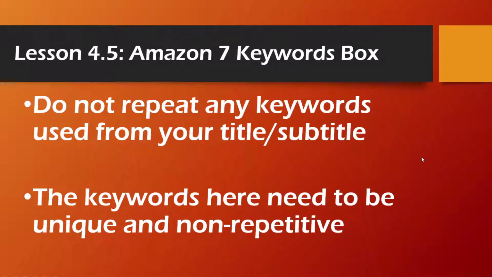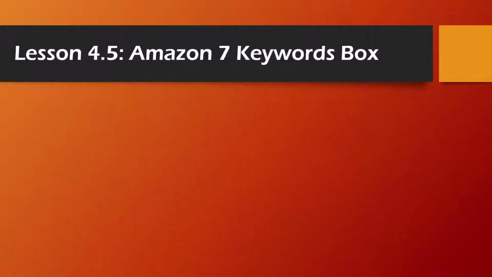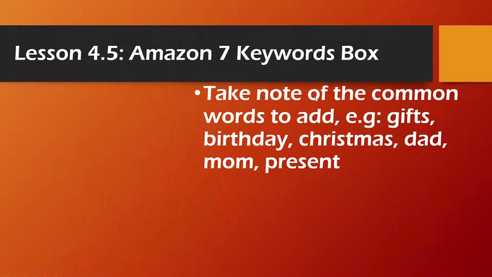Keywords here need to be unique and non-repetitive. That means the words that you put inside the 7 boxes, try to be unique and try not to keep repeating them, because if you repeat, then you miss out one chance to reach the target audience. Take note of some of the common words that you can add, especially words like gift, birthday, Christmas, dad, mom, present, son, daughter, depending on the books that you publish.